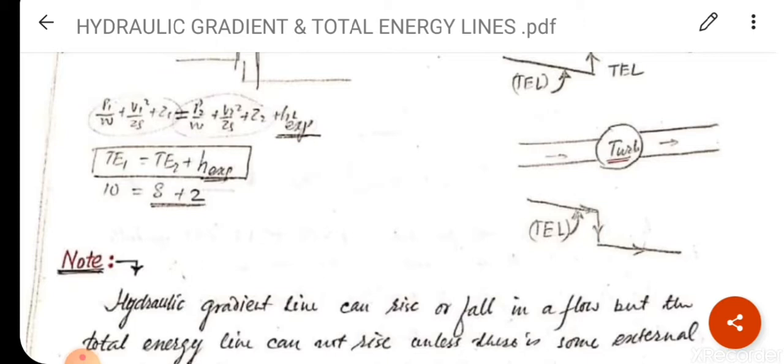Pressure is decreasing or velocity is decreasing. See this clearly. What is decreasing? Pressure or velocity? Here velocity is changing, or velocity is converted into pressure or pressure is converted into velocity.